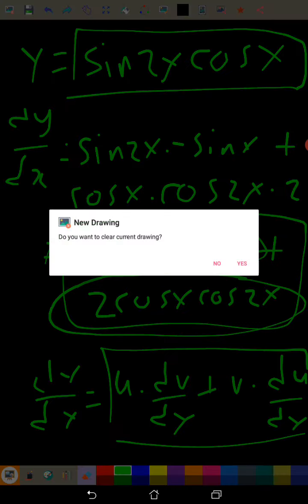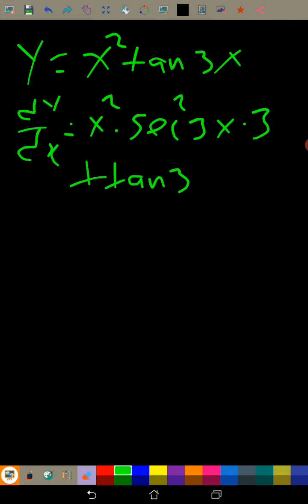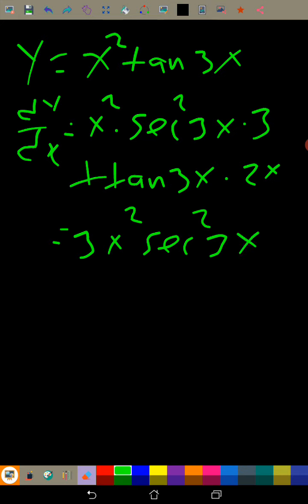And let's do something else. Let's do y is equal to x squared tan 3x. This is also the same thing. dy by dx is going to be x squared times sec square 3x times 3, right, plus tan 3x times 2x, which gives us 3x squared sec square 3x plus 2x tan 3x.